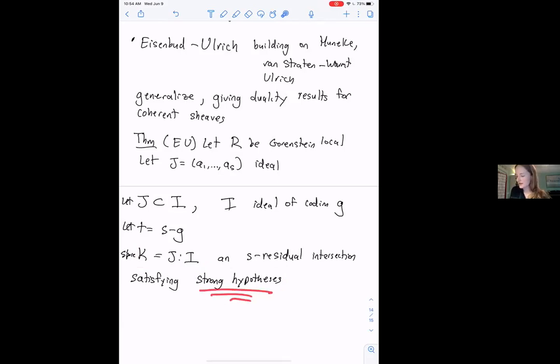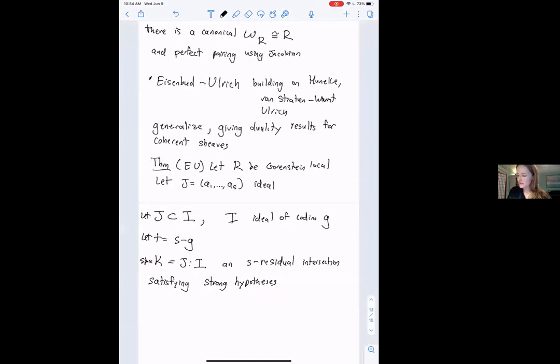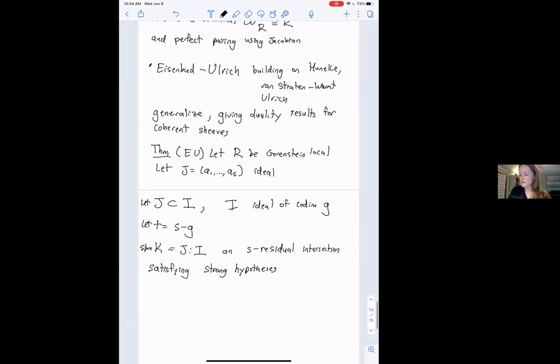For example, the 5 conics problem satisfies the weak hypothesis. So let's leave it at that. And their paper spells out what this is.